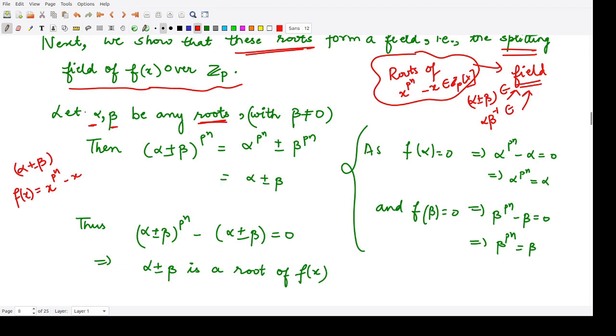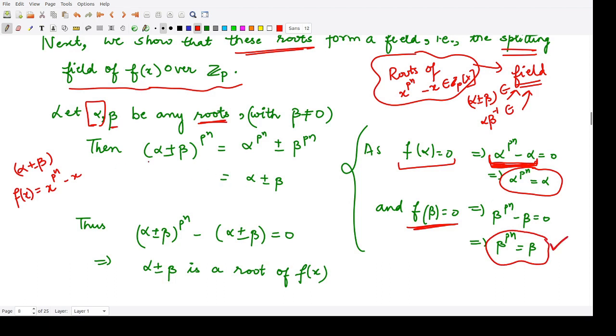Because alpha is a root, f of alpha is 0, where f of alpha is the same polynomial with x replaced by alpha. So from here you get alpha raised to power p^n is equal to alpha. Similarly, because beta is a root, beta to the power p^n minus beta is equal to 0, so beta raised to power p^n is equal to beta.